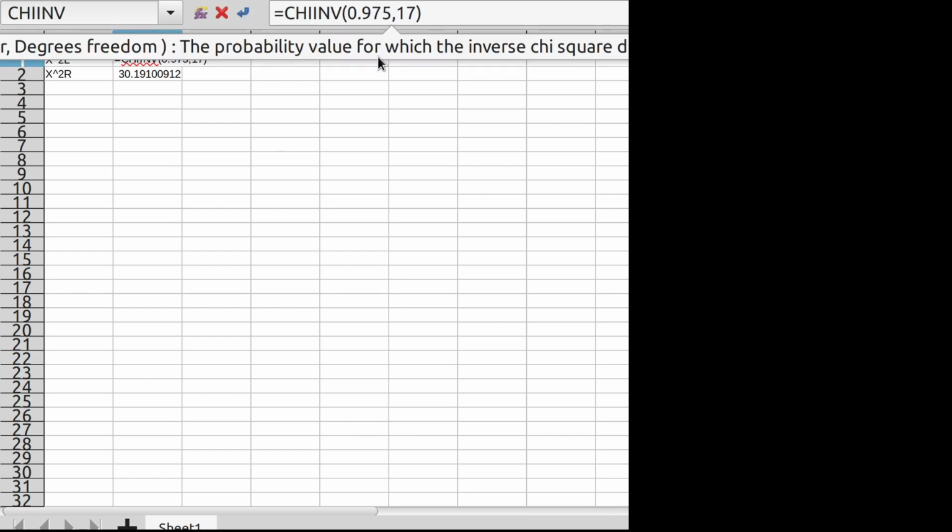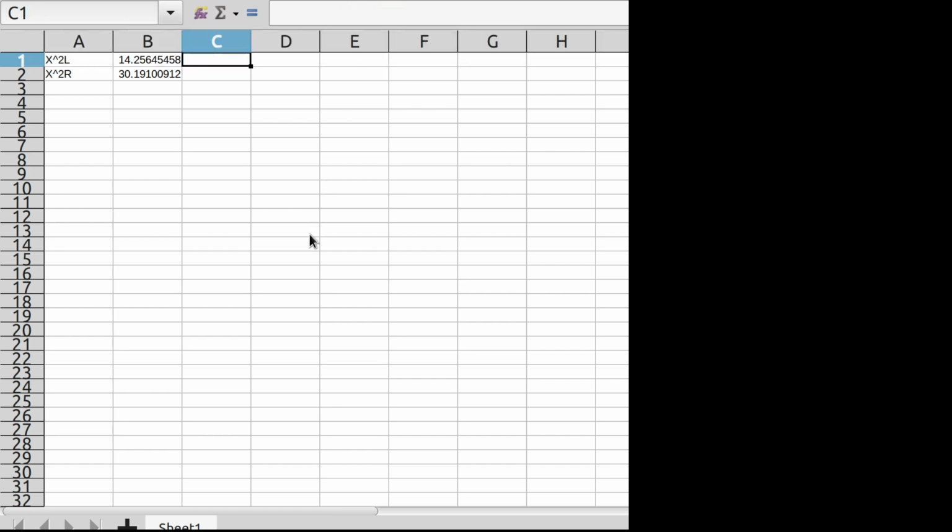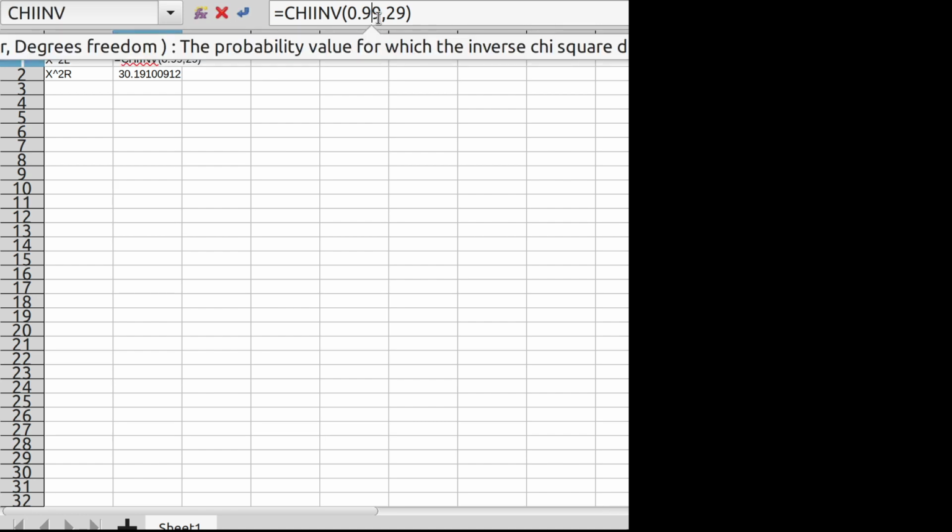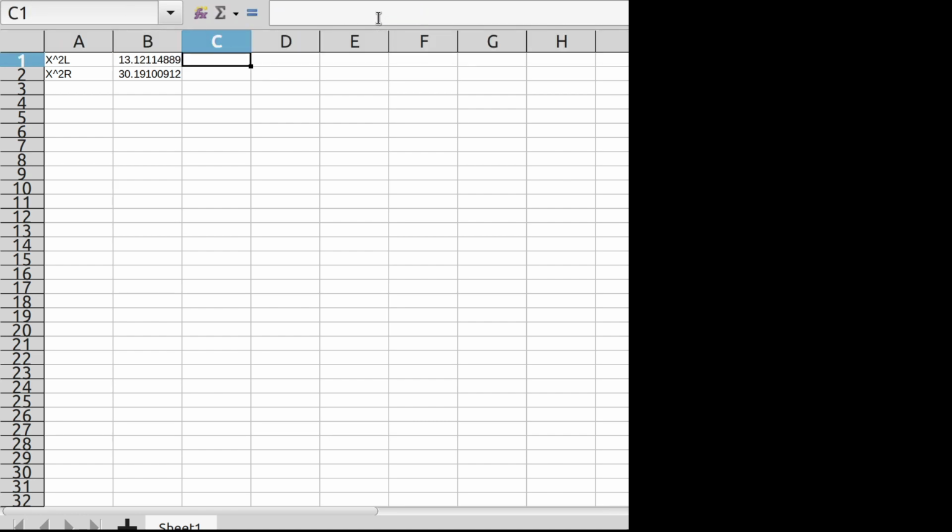I need to change my confidence value to 99 and my degrees of freedom to 29, and that gives me 14.256 as my left chi-squared. Am I missing anything here? Oh, yeah, I have to divide by 2. My C value is C divided by 2. What I need is 0.95.